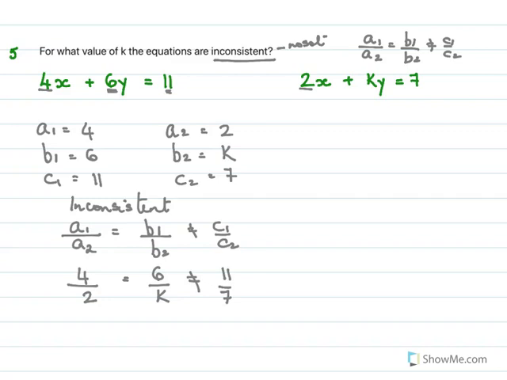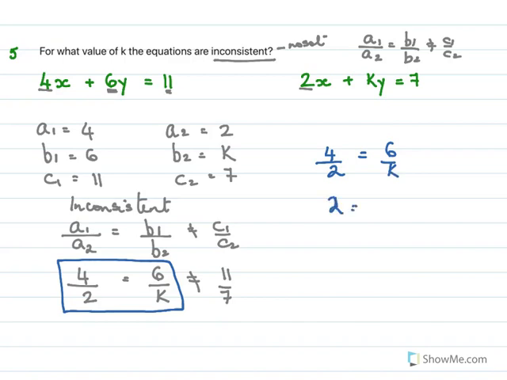So we will take up the first, 4 over 2 equal to 6 over k. So if 4 over 2 equals 6 over k, we have 2 equal to 6 over k, and the k will be equal to 6 over 2, k will be equal to 3. So if k equal to 3, it has no solutions.